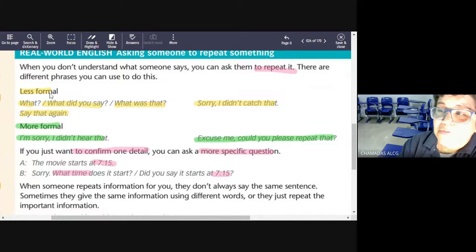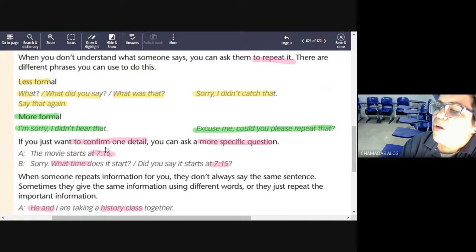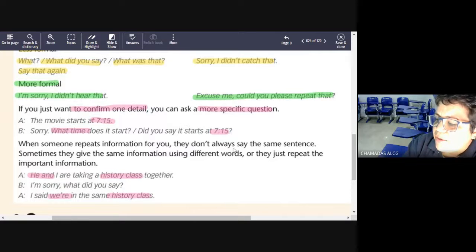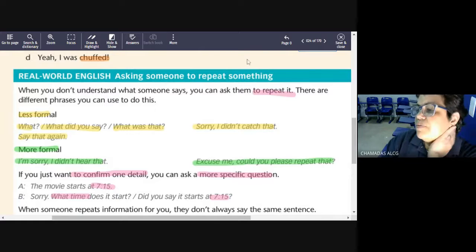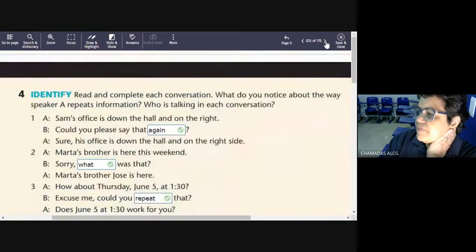Less formal, more formal, and to confirm one detail, if you wish, okay? When you ask a more specific question, okay? So there are 3 situations there, okay? So let's go there.